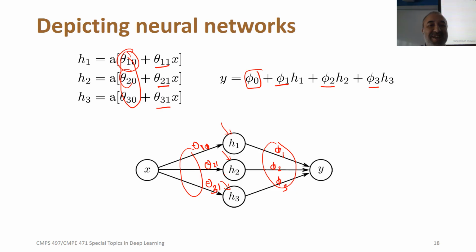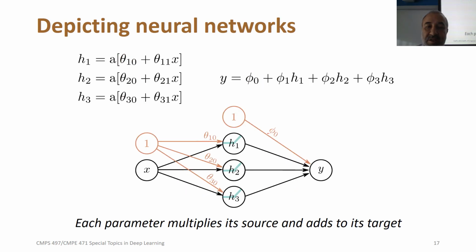Where is theta 1 0? Theta 1 0 is the bias, and so on. And where is phi 0? Actually, the ones written here are the biases only, not the parameters. The other links that are unnamed are actually the weights.